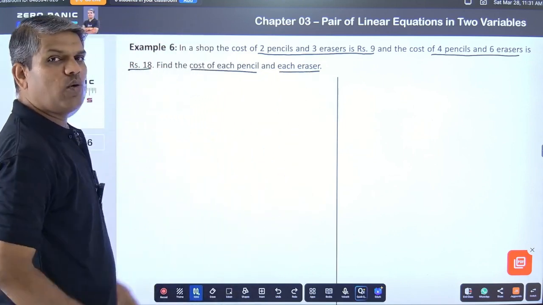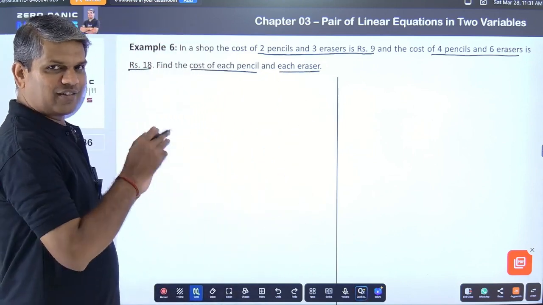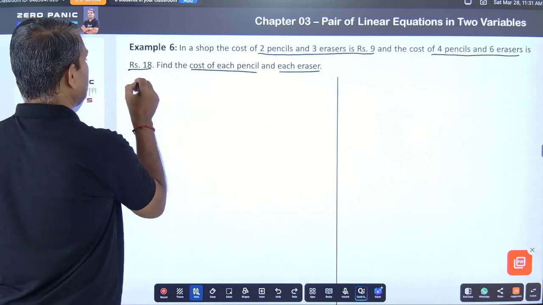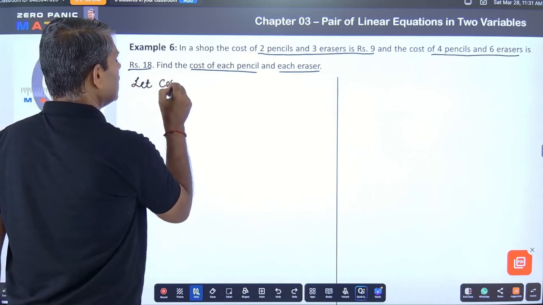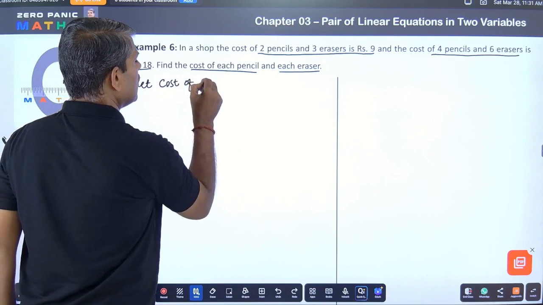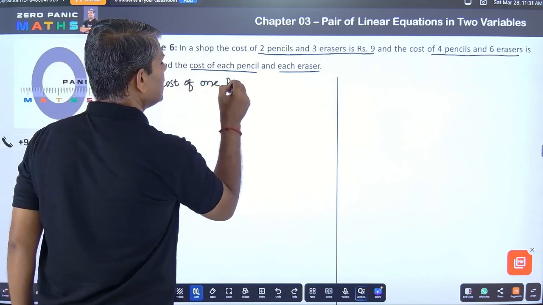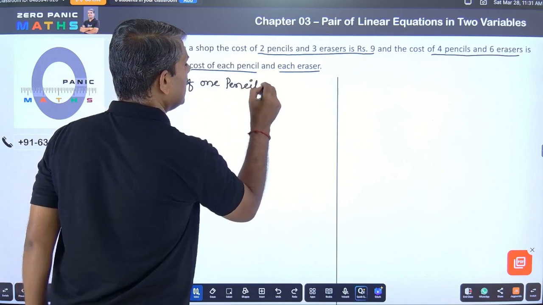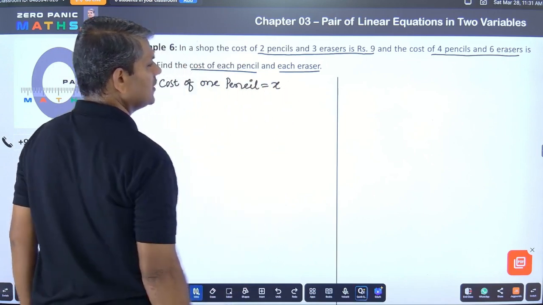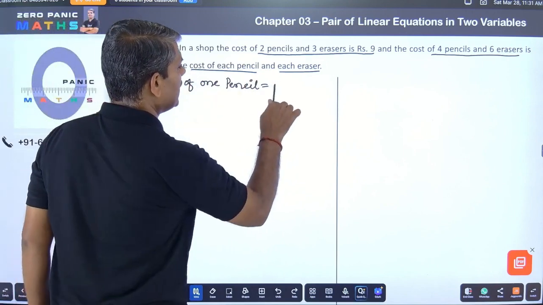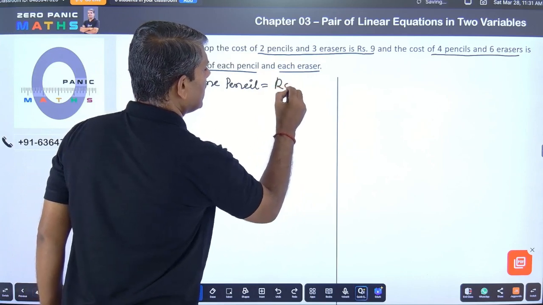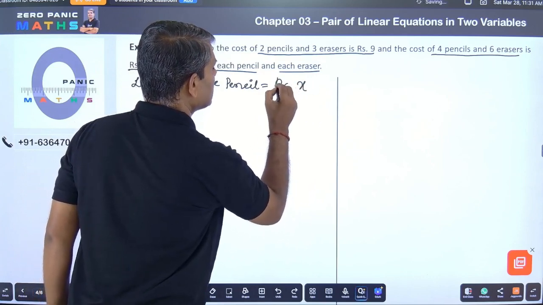So that is what our variables are. Okay, let us represent that. Let cost of one pencil is equal to x, or you can say rupees x. Okay, let us write that. Cost of one pencil is rupees x.